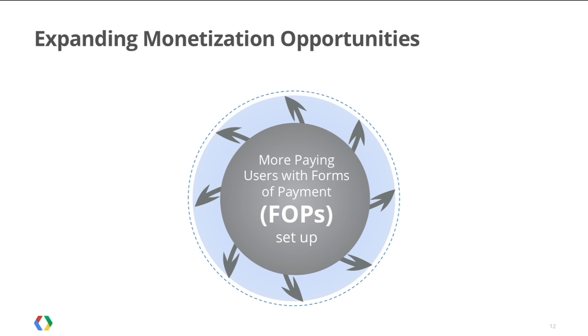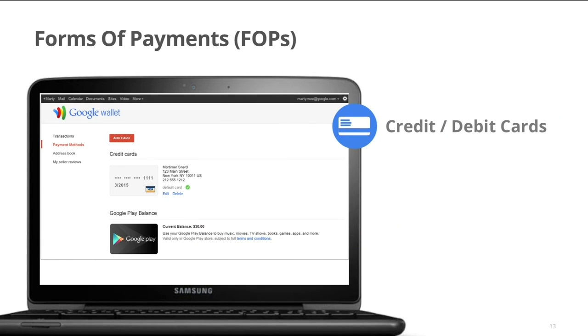And also, these different forms of payment need to suit different user needs. In the Google Play Store, we've always given users the option to pay by credit card or by debit card. But of course, not everybody has a credit card. Many different demographics or different locations of users don't actually have access to a credit card.